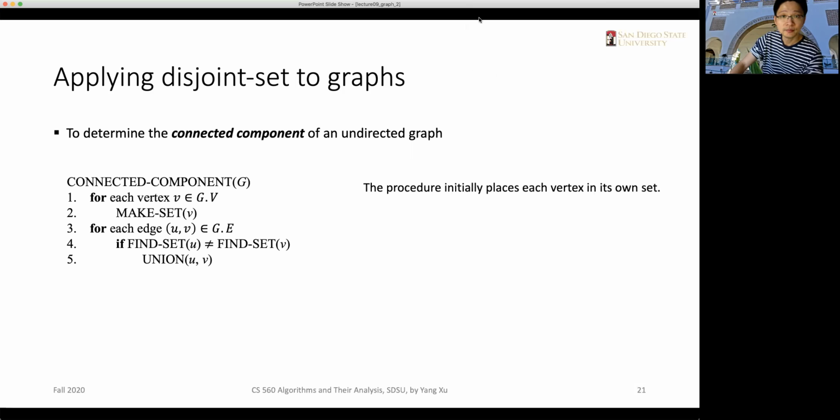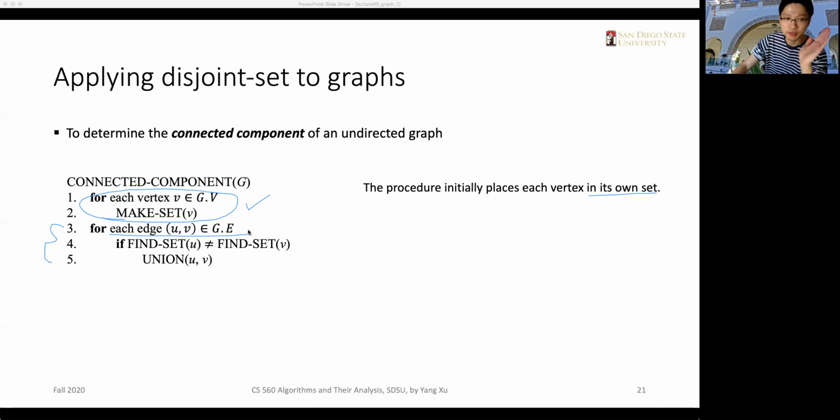First, we call make set on each vertex. This is exactly what Kruskal's algorithm does. It makes each vertex its own set. And the second for loop is still the same. It iterates over all the edges, but this time with no sorting.